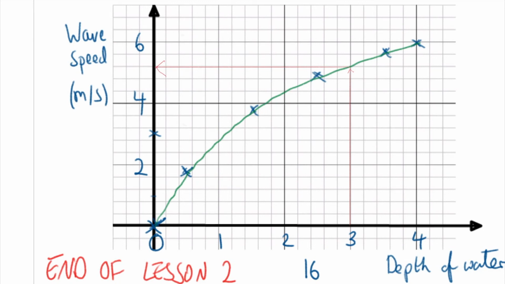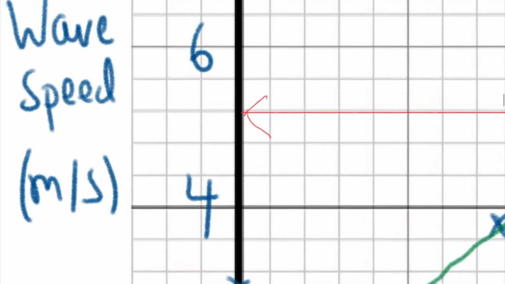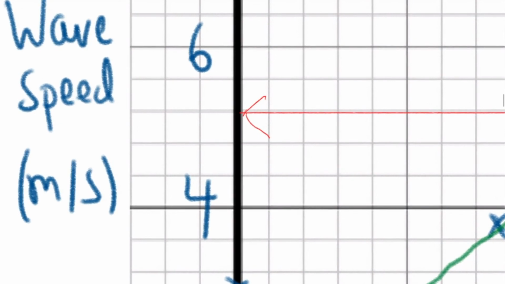Let's work that out as a speed. Well, this line here is 4, this is 6.